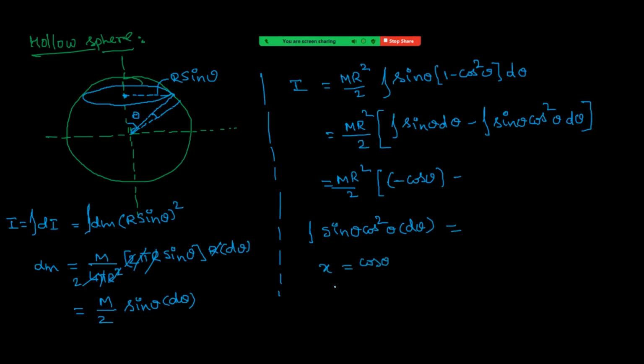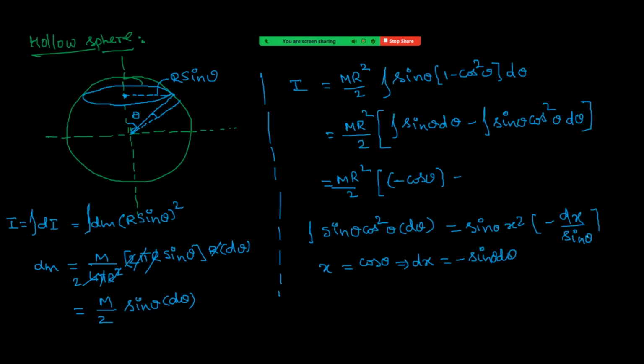We want d theta here, so differentiate this: dx equal to minus sine theta d theta. Now substitute that here. Sine theta, in the place of cos square theta, x square, and in the place of d theta, we can write minus dx by sine theta.